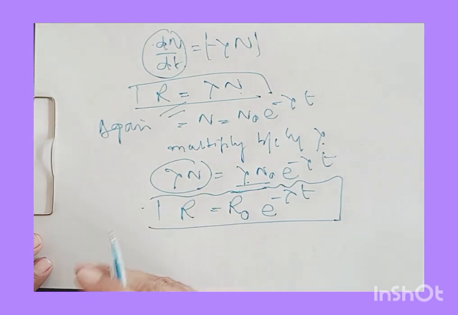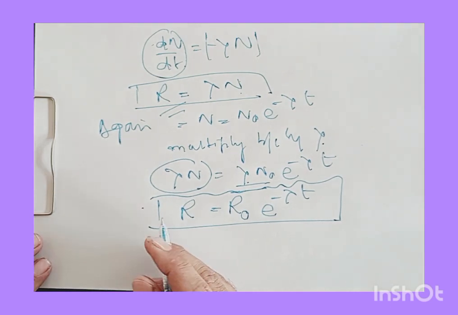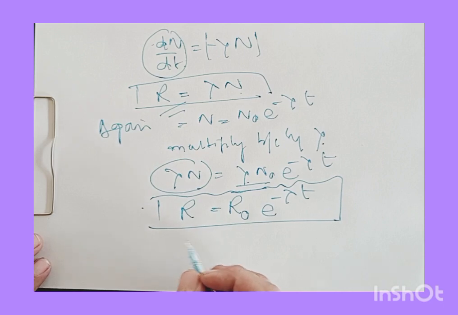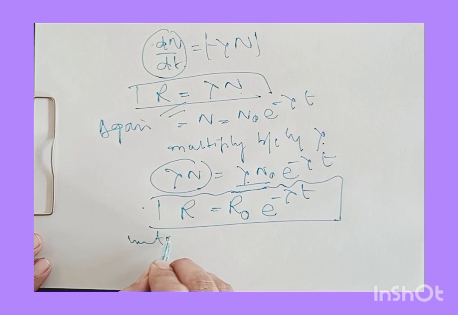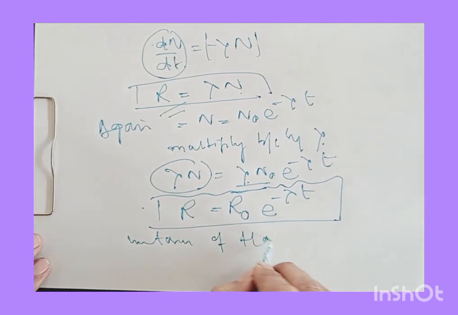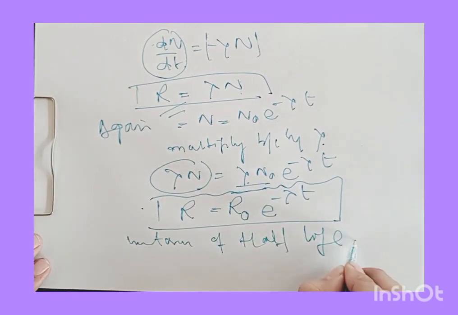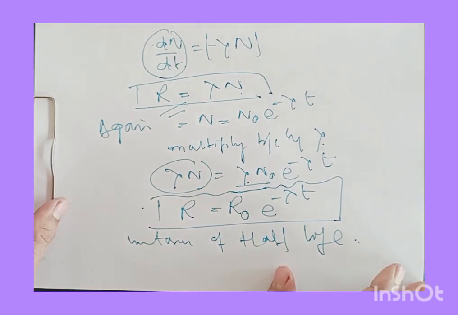And what is activity? It is the rate of disintegration of nuclei per second. To move on from here, I would like to write down this activity in terms of half-life.